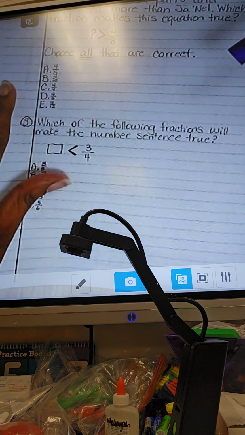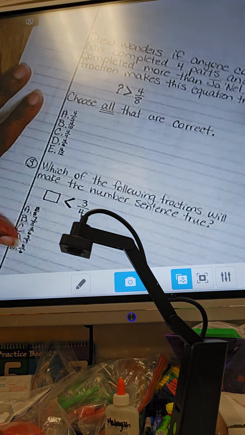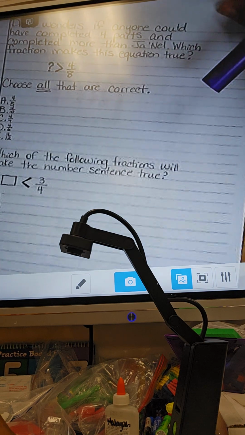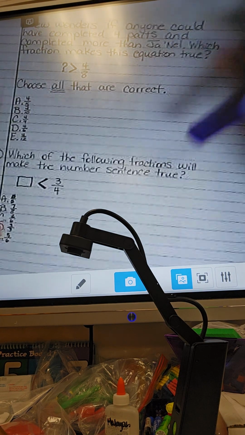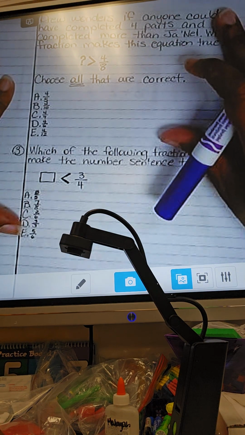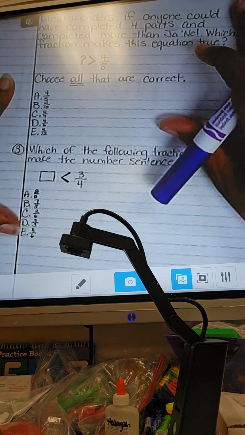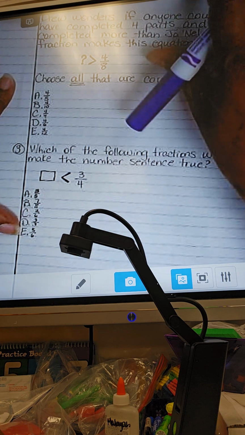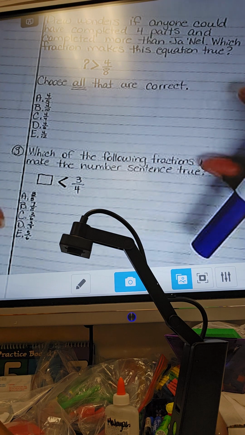So Drew wonders, it's like a little glare on the screen. Naya, turn the light off for me. Let's see if that'll help with that glare that I'm getting. Is that too dark? If it's too dark, we'll turn it back on.